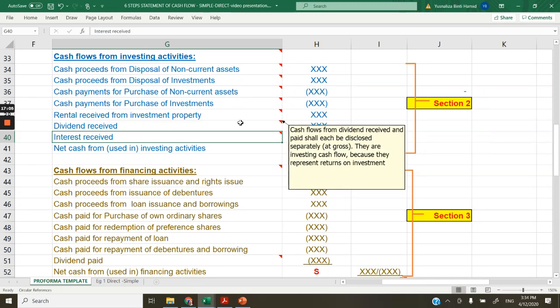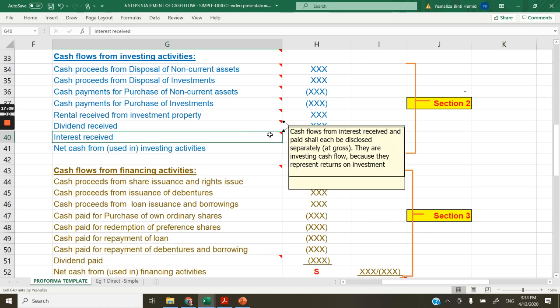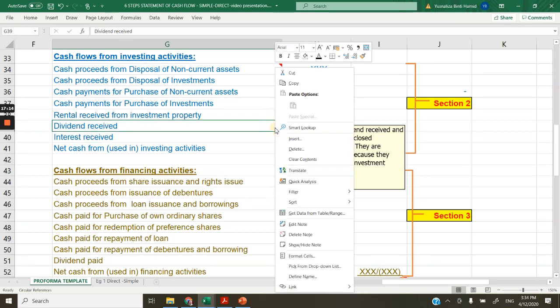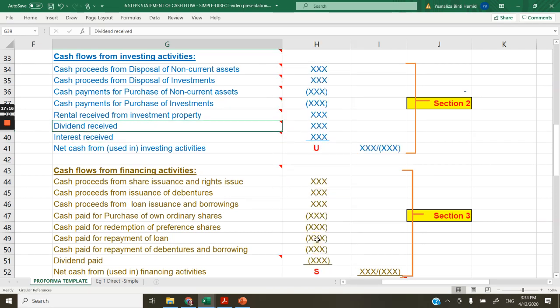Under investing activities, the result of this total coming from your investing activities, I call it U. If you have a negative result, that signifies your outflow.